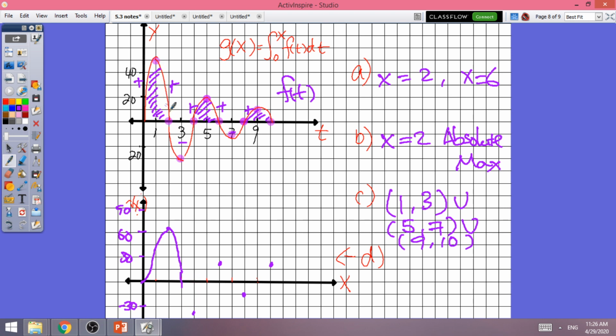Okay, you see that right here? Negative, so it's concave downward, all the way to 3. And then from 3 all the way to 5, it's increasing, so that means it's concave upward again. So 3 to 5 is concave upward again.